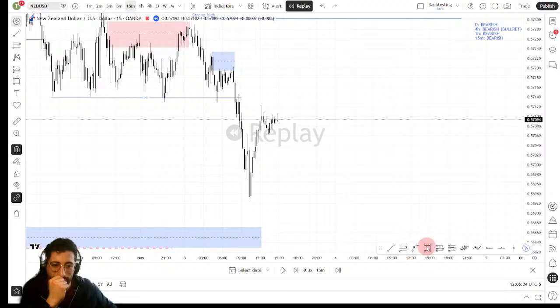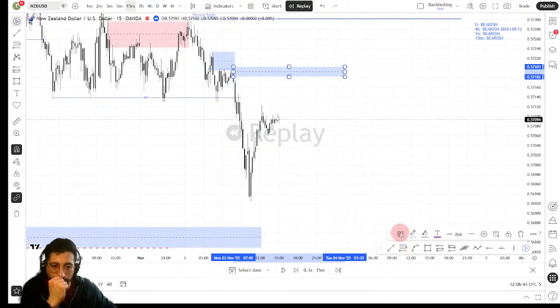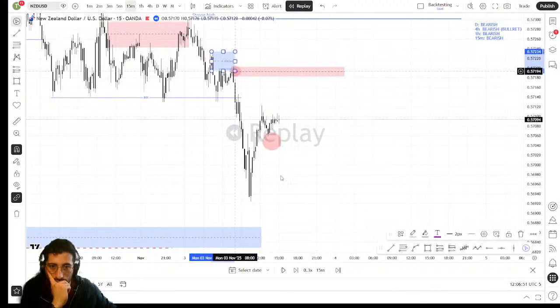Well, I would take it, but at least this block here is a possible point of reaction or interest. Supply zone and supply zone.